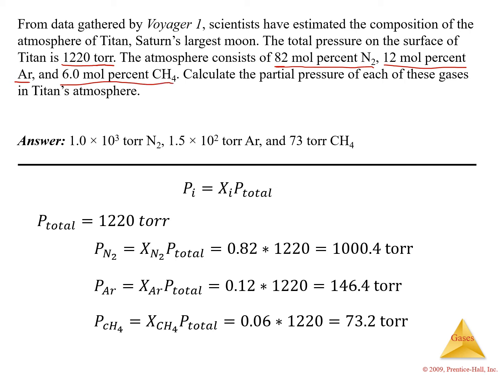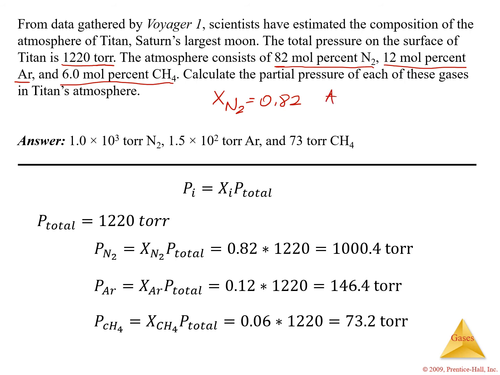So we already got familiar with this statement, mole percent. So automatically we know that when it comes to the molar fraction of nitrogen, it's going to be equivalent to 0.82.